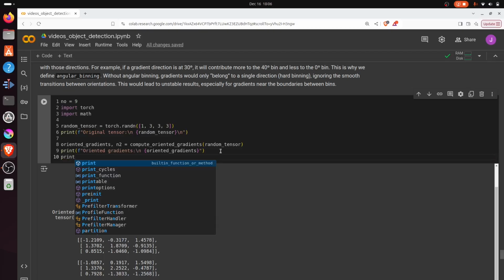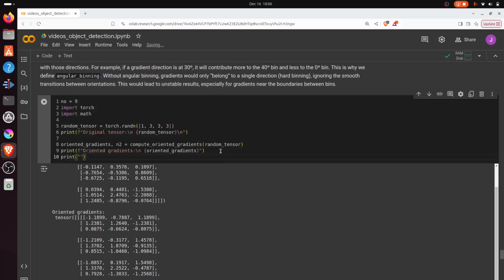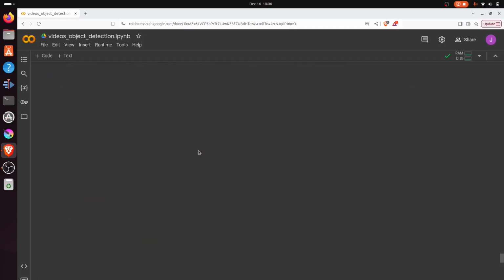So the shape of oriented gradients is going to be, wait, gradients dot shape.